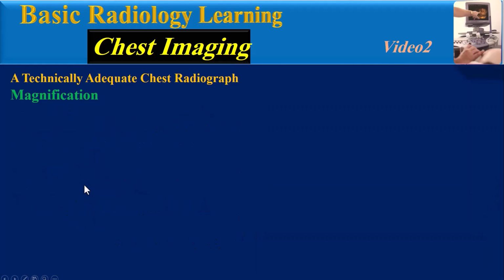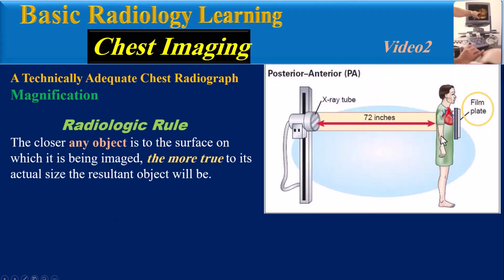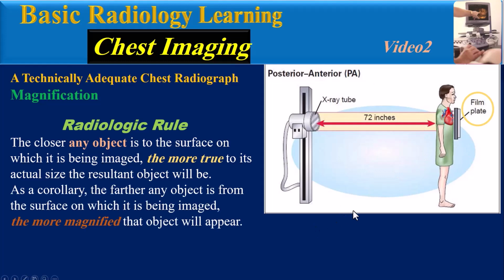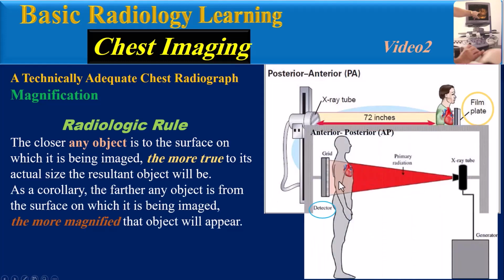Here we can learn an important radiologic rule. The closer any object is to the surface on which it's being imaged, the more true to its actual size the resultant object will be. As a corollary, the farther any object is from the surface on which it's being imaged, the more magnified the object will appear.